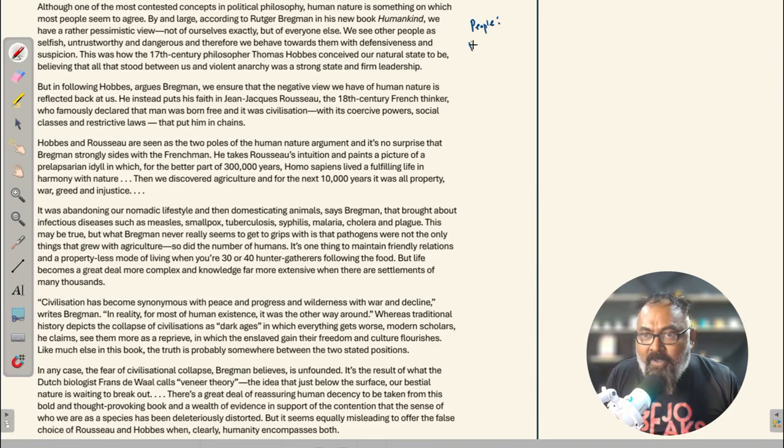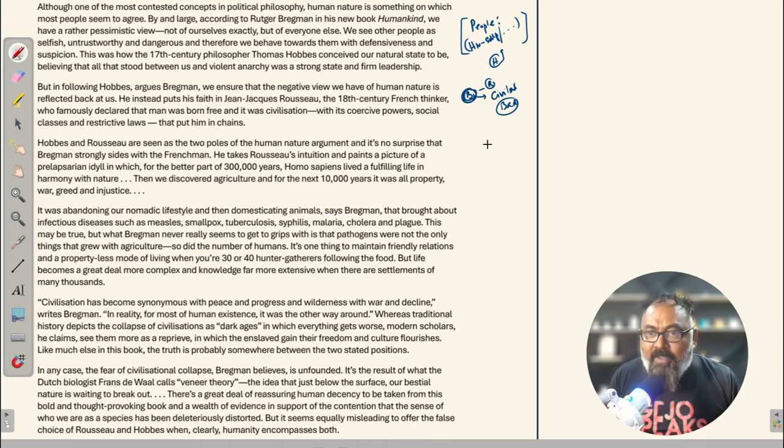People believe that human nature is selfish and sort of bad. This is sort of the Hobbes view. Bregman says human nature is good. Civilization is the one that is bad. This is aligned with Rousseau's belief. But Bregman is there. Okay.